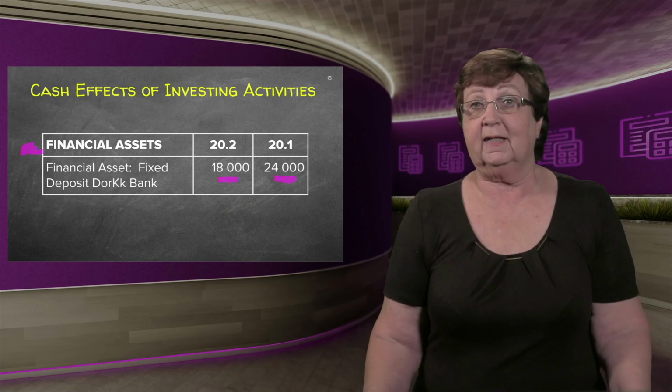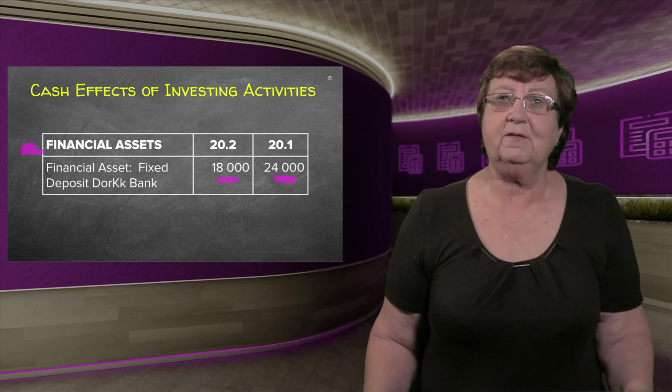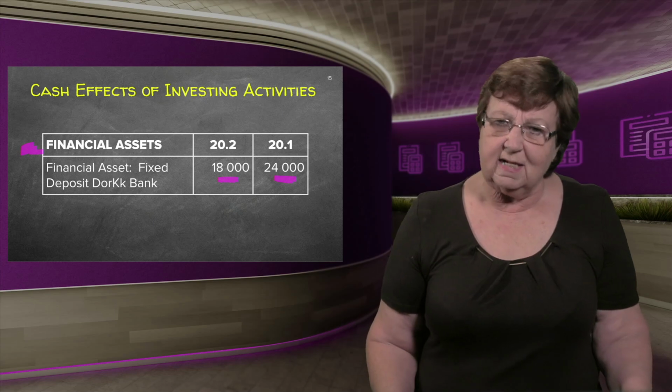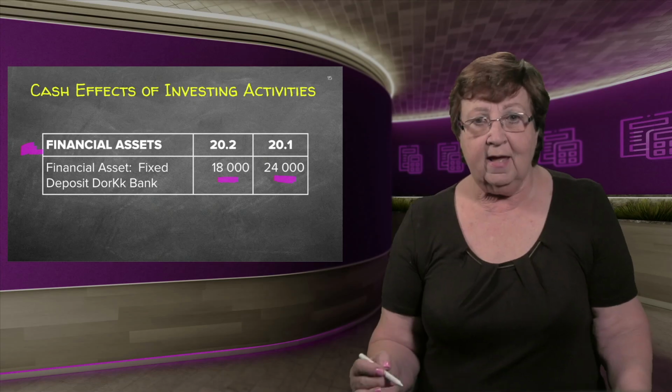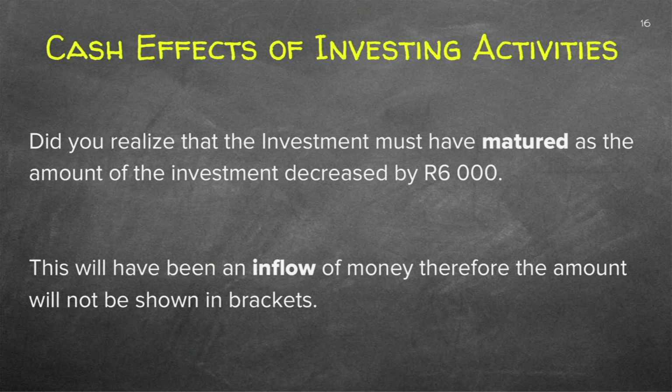Conclusion? Can you draw it? Yes. Part of this investment has matured because my investment has decreased, and it's decreased by 6,000 Rand. How did I get that? Simply 24,000 minus 18,000 means that 6,000 Rand should have flowed into the business. So let's have a look.